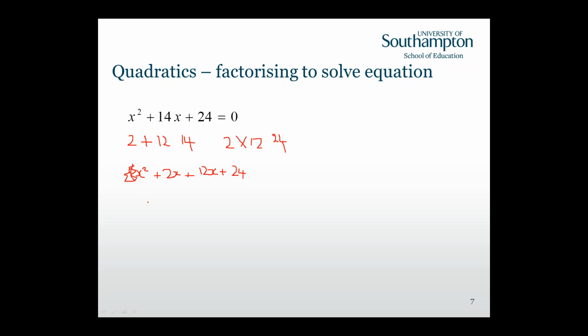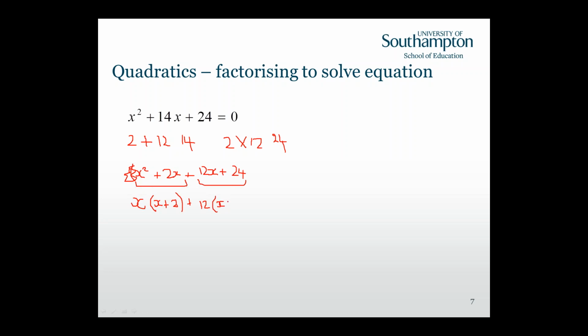Now, I look at this bit here, I factorise that. x is the common factor in that, and I'm left with x plus 2. And then I look at this bit here, and I factorise out 12, and I'm left with x plus 2.